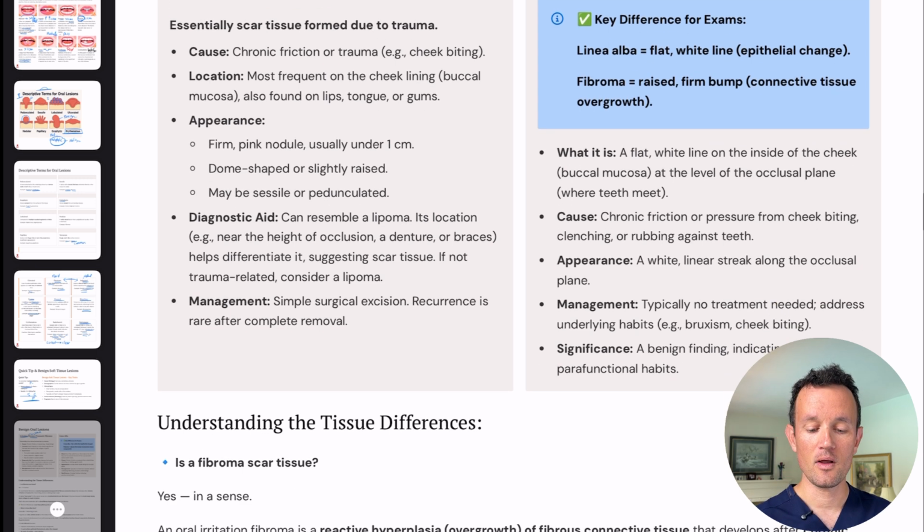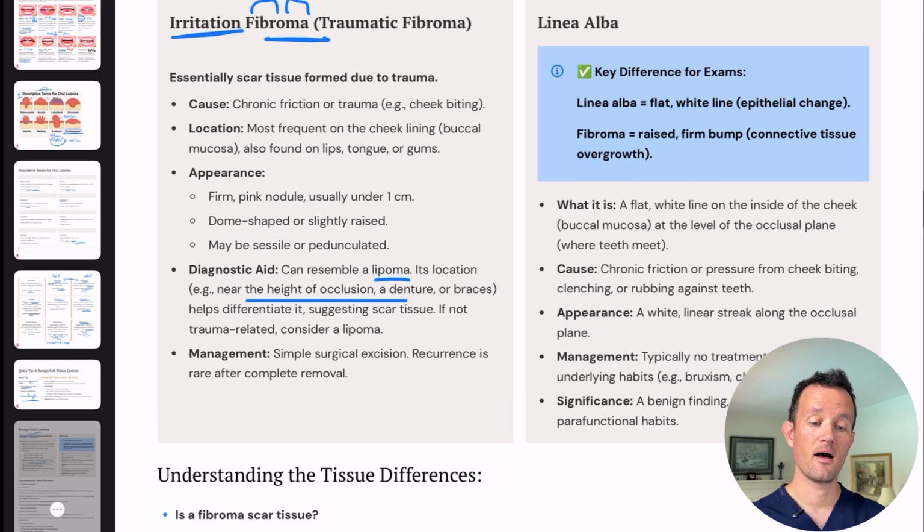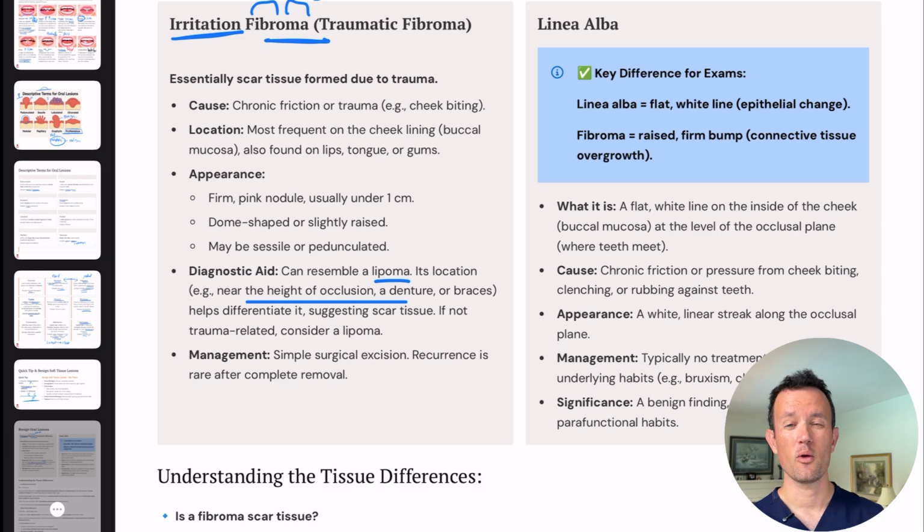So it can look like a lipoma, which is just a benign adipose tissue growth, like harmless fat growing on you, okay? It's near the line of occlusion, but what makes you think it's a lipoma and not a fibroma? Usually location. Both are going to feel a little bit firm, a little bit squishy. They're both pink or raised. You can push on them.